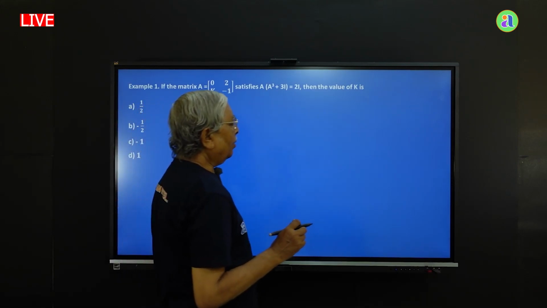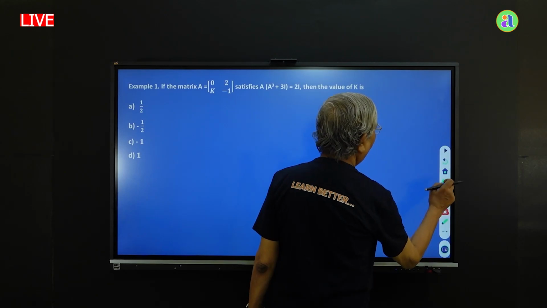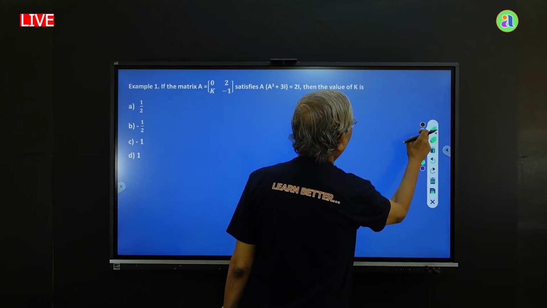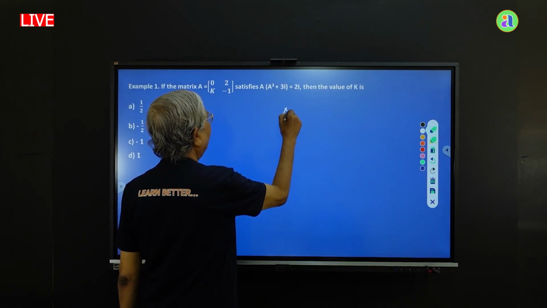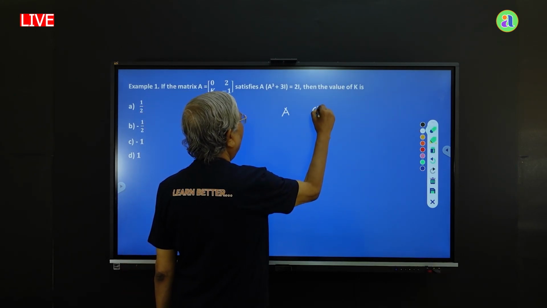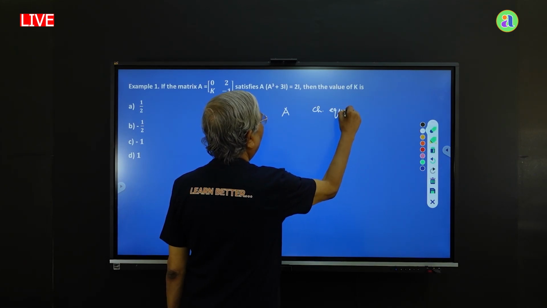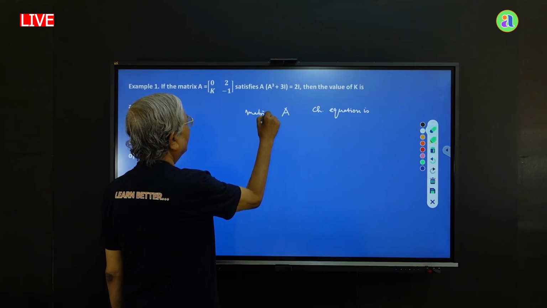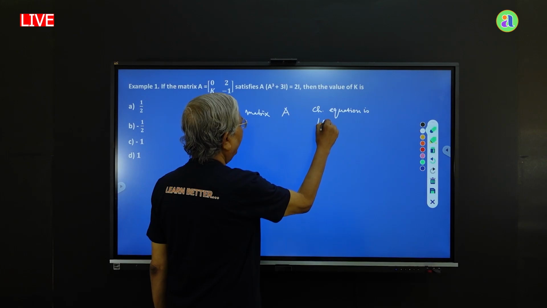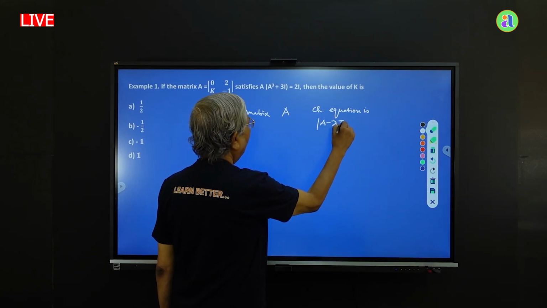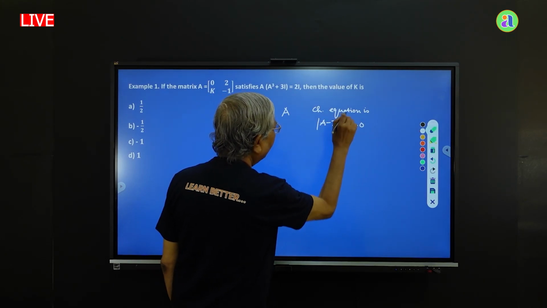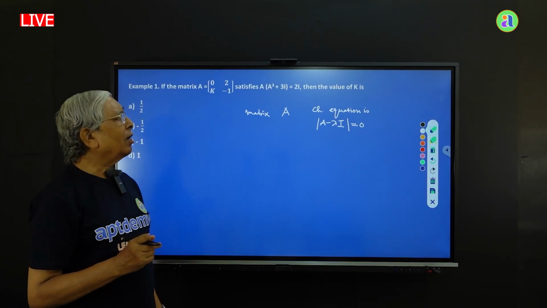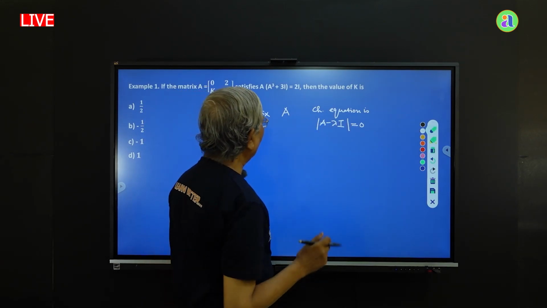If you have a matrix A, the characteristic equation is determinant of A minus lambda I equals to 0. Now what are you given?